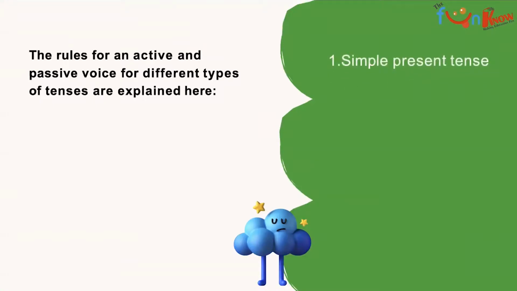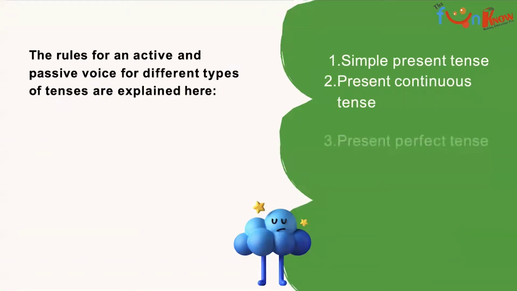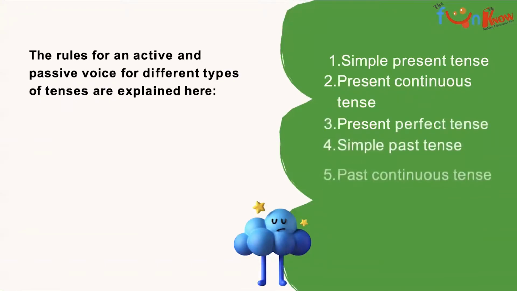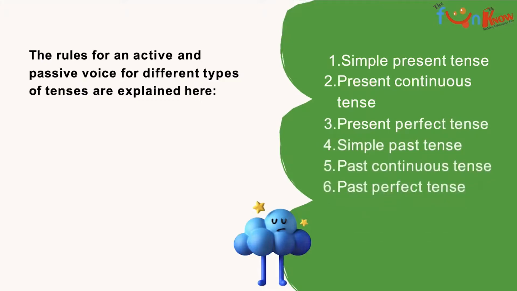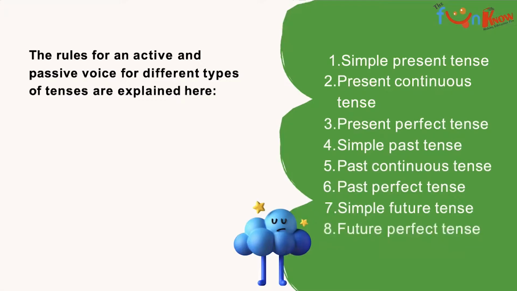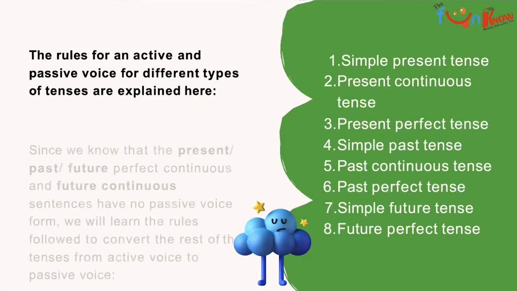Now we know there are different types of tenses, present, past, and future. And we are going to learn how to construct active and passive voice for these 8 different types of tenses: simple present tense, present continuous tense, present perfect tense, simple past tense, past continuous tense, past perfect tense, simple future tense, and future perfect tense.